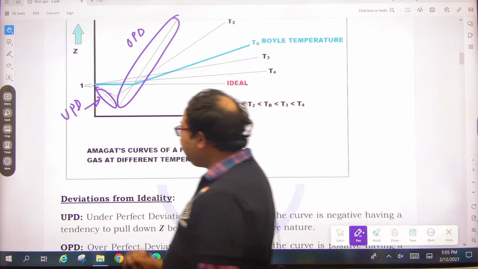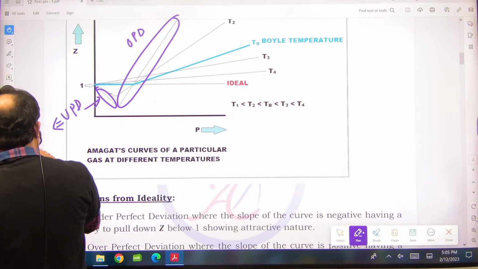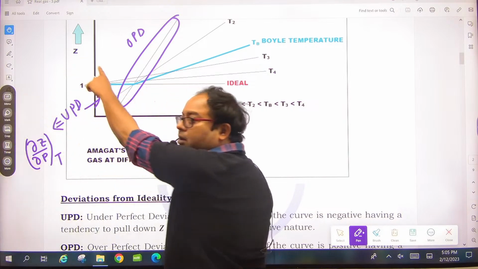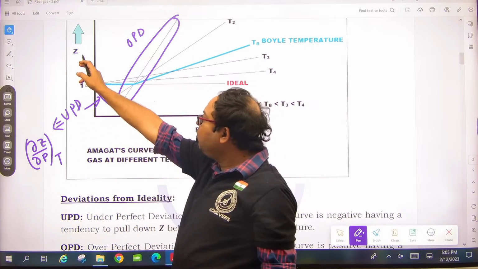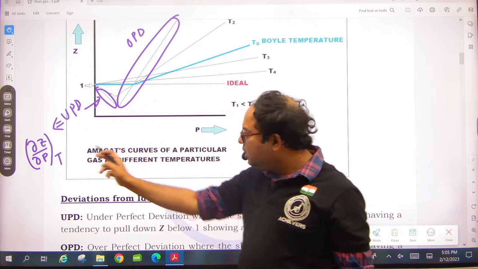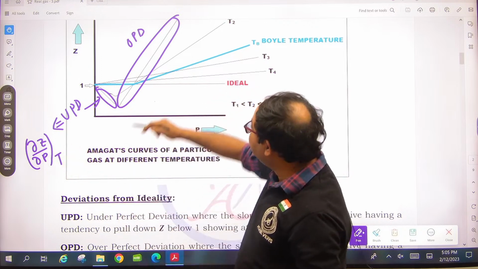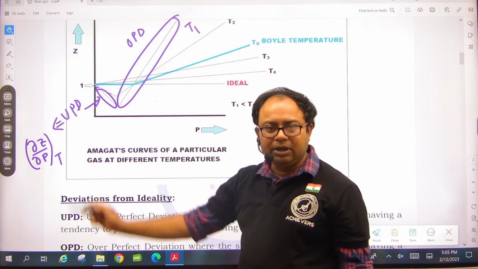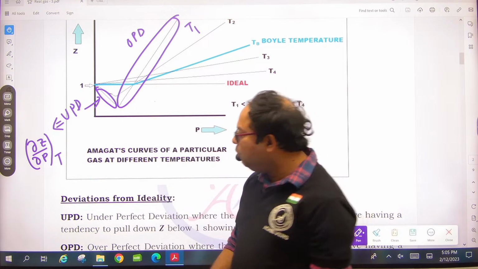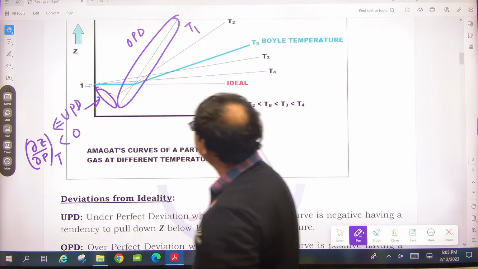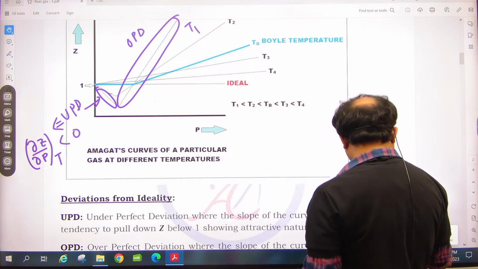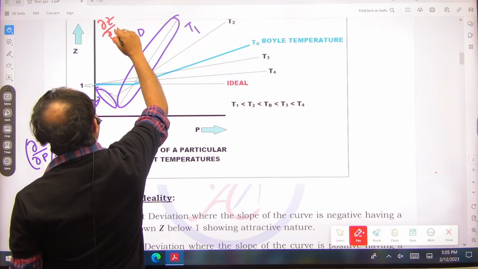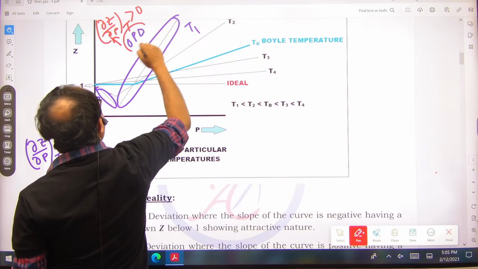For UPD, the slope is del Z del P at constant T. Slope means dy dx, y is Z, x is P, so del Z del P. Obviously you are keeping the temperature constant at T1. If this slope is negative, you have UPD. And on the contrary, if this slope is positive, it's OPD.